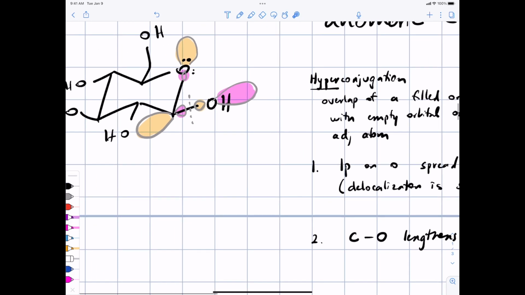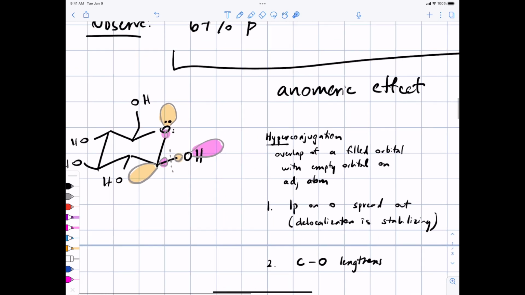Notice that most of that sigma star is pointing backwards, sort of under the ring. It no longer lines up with this lone pair, and it also doesn't really line up with that lone pair either. This lone pair that's sort of in an equatorial position is lined up with the node in between the two nuclei.